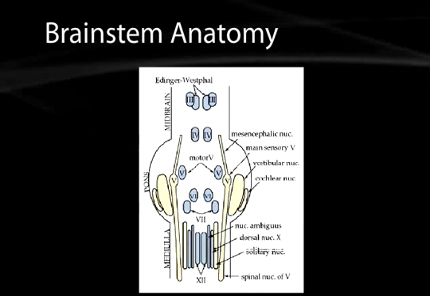Now, they're not always named the same thing. You're not even going to say, oh, this is nucleus of cranial nerve 9. You're going to see other components such as nucleus ambiguus, nucleus solitarius, the dorsal nucleus of the vagus. All those things are going to be introduced to you when I show you the sections.